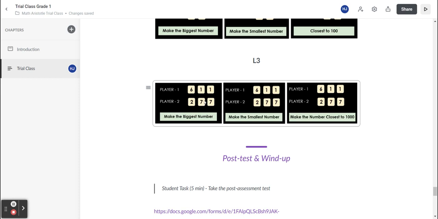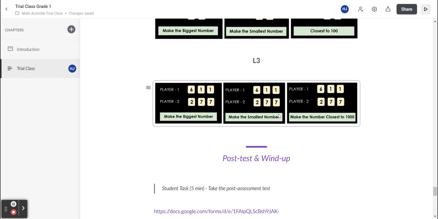Now the biggest number is definitely 611. When the hundreds digit becomes 6, that's the maximum number that is possible using these three digits. Similarly, with 2, 7 and 7, 772 will be the biggest number possible.